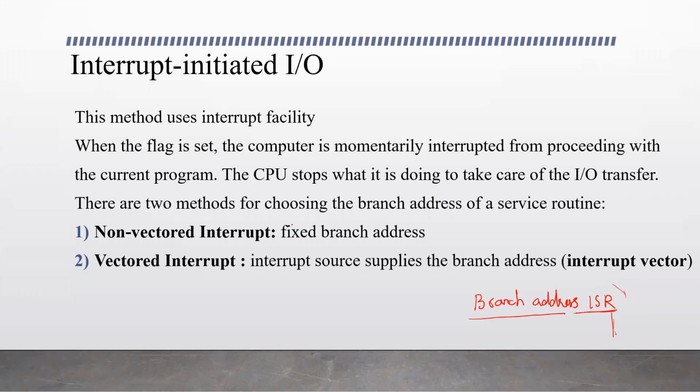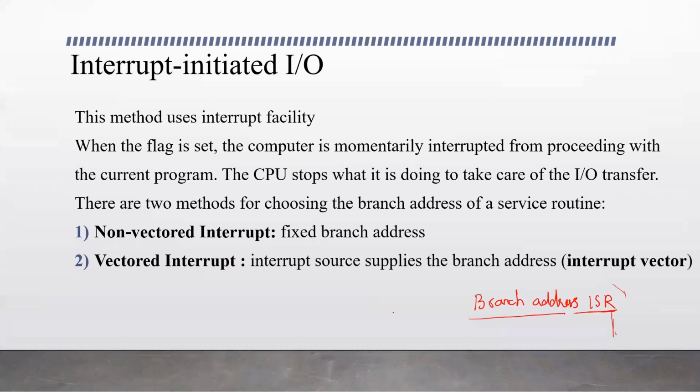Now the branching address can be chosen in two ways. Two methods for choosing the branch address of a service routine are non-vectored interrupt and vectored interrupt. Non-vectored interrupt is assigning a fixed location in memory for the branch address.